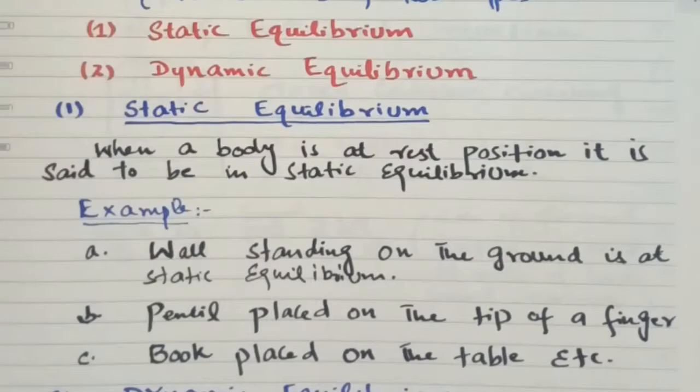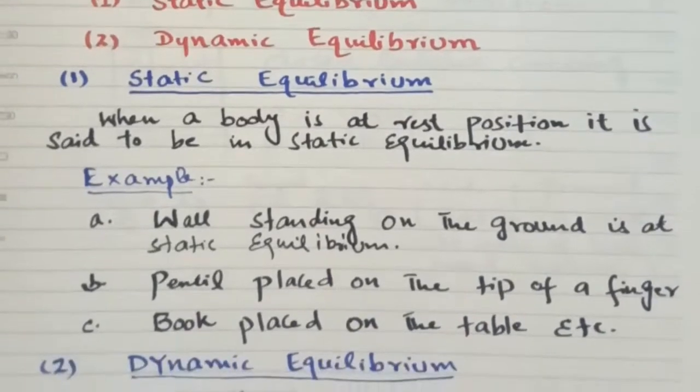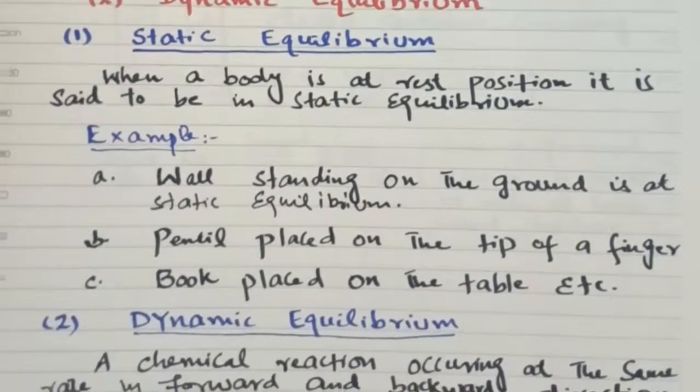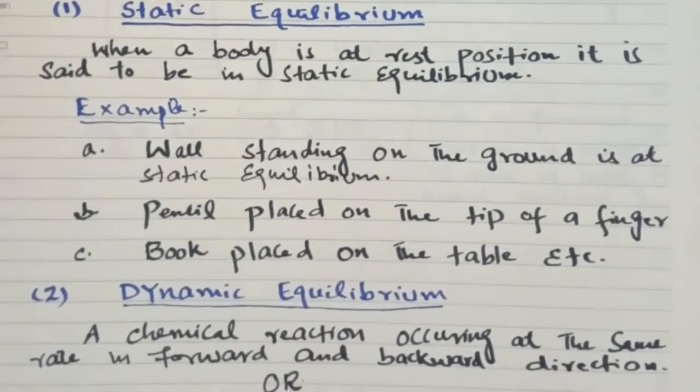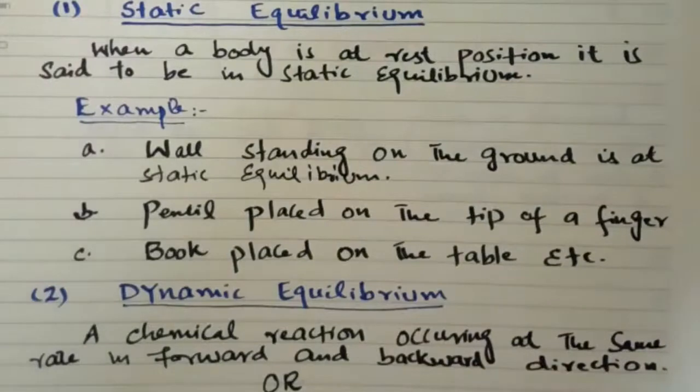The second type is dynamic equilibrium. Dynamic means movable. Static was standing at its own position, but in dynamic there is continuous movement from one place to the other and from the other back to its own position. This type of equilibrium in which there is a movement of the phases of matter is called dynamic equilibrium.